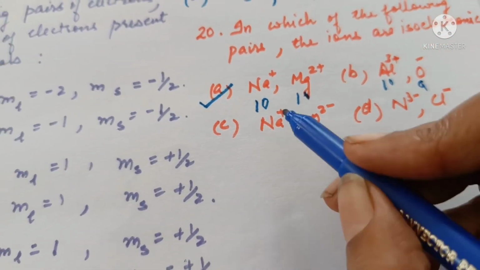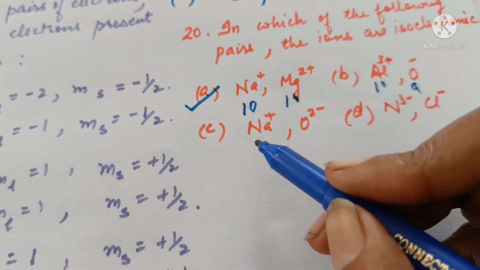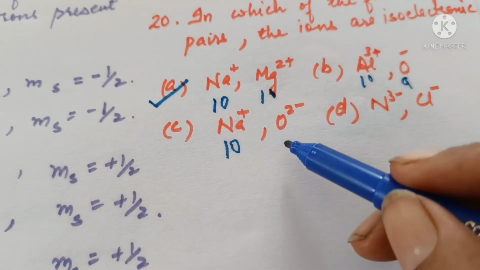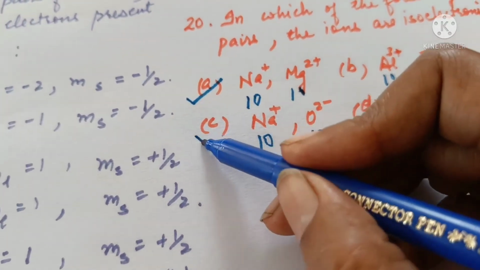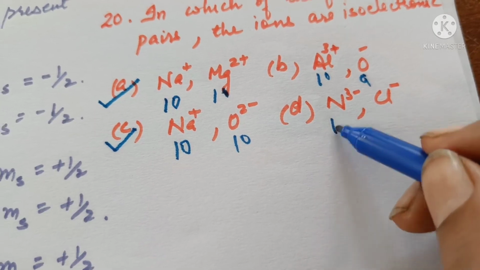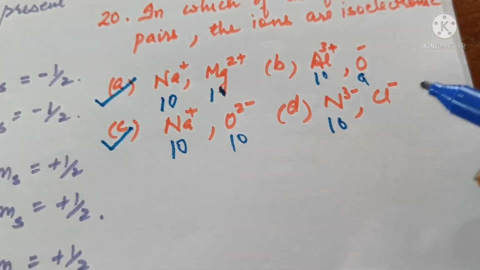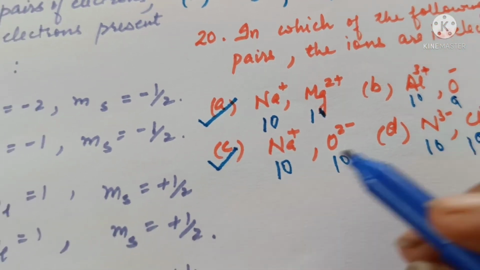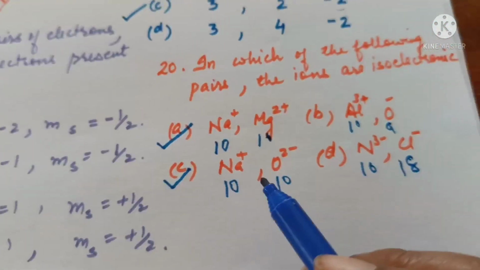Sodium positive is 11 minus 1, 10 electrons, and 8 plus 2 is 10 electrons. So this is also isoelectronic. Here nitrogen 7 with 3 electrons added is 10, and chlorine 17 with 1 electron added is 18. So this is not isoelectronic. Options A and C are isoelectronic.